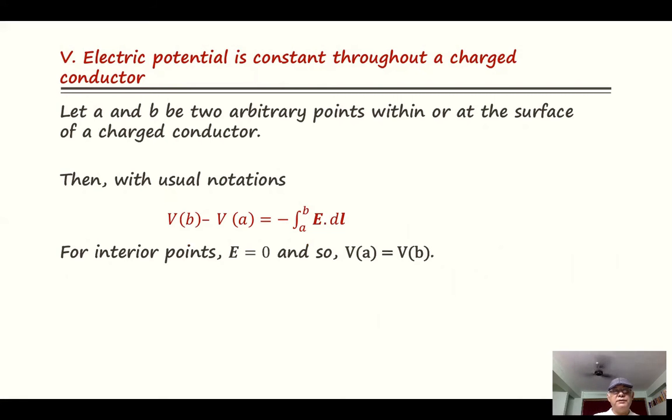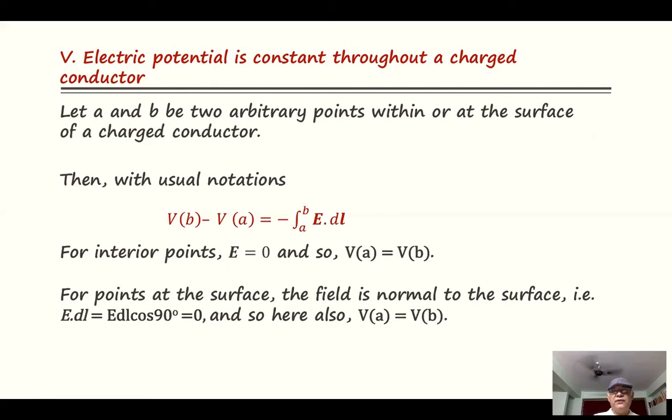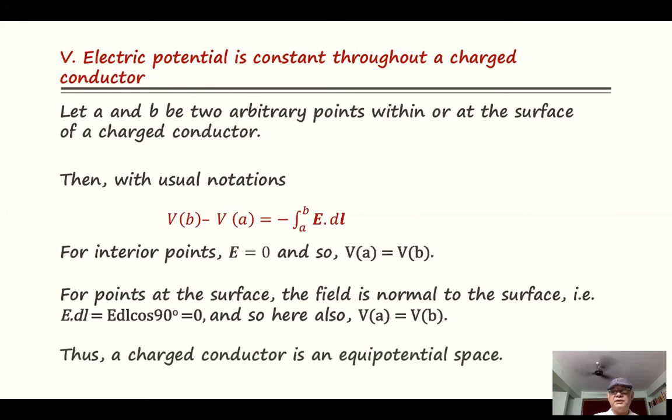For interior points, E is equal to 0, and so V at A is equal to V at B. For points at the surface, the field is normal to the surface, that is, E dot dl is equal to E dl cos 90 equal to 0, and so here also V at A is equal to V at B. Thus, a charged conductor is an equipotential space.